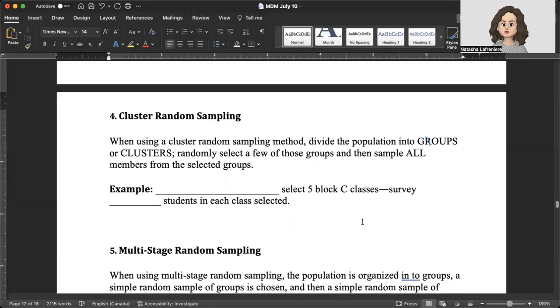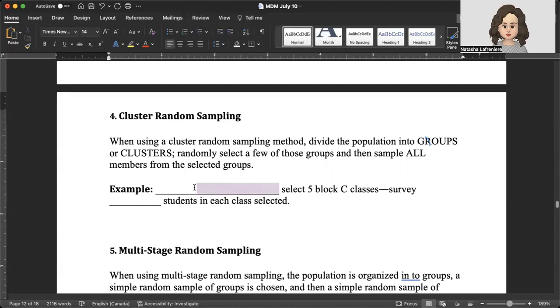Okay, so for example, we are looking at age. So you're going to split up ages between 0 to 10, 11 to 20, 21 to 30, so on. They are in groups, and then you randomly sample all of the members of one group. So let's say you pick out from a hat that you're going to sample people from 41 to 50. You're going to sample all of those members.